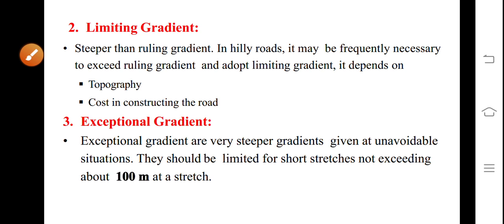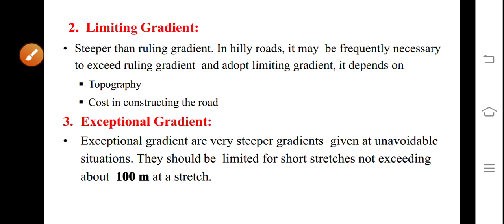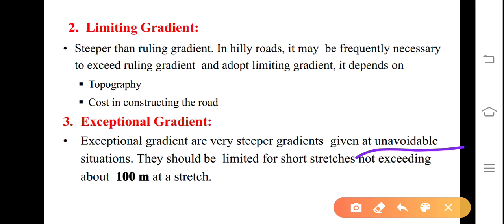Exceptional gradient. Exceptional gradients are very steep gradients, even steeper than limiting gradient, given at unavoidable situations, means under exceptional conditions. Unavoidable means exceptional case. That's why it is known as exceptional gradient.